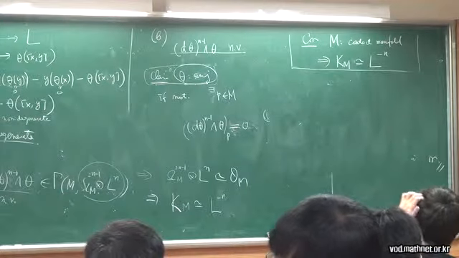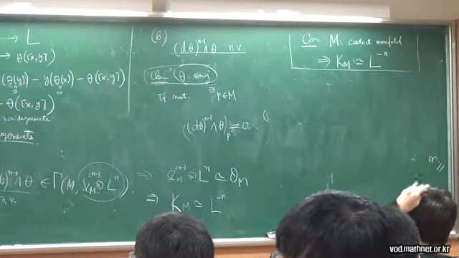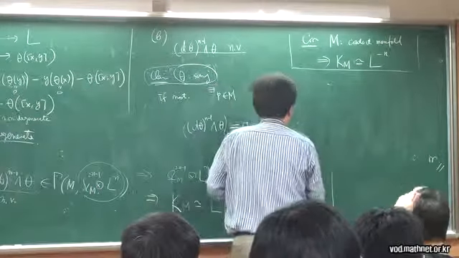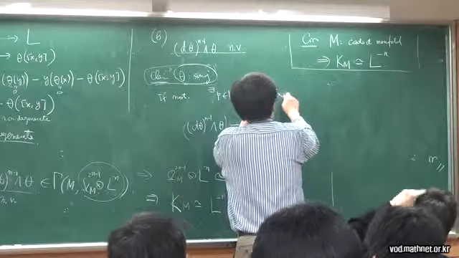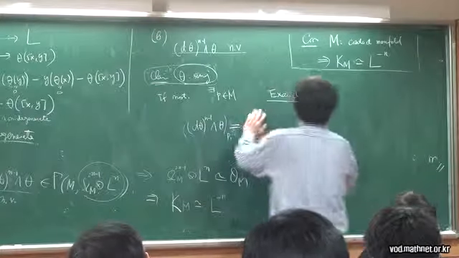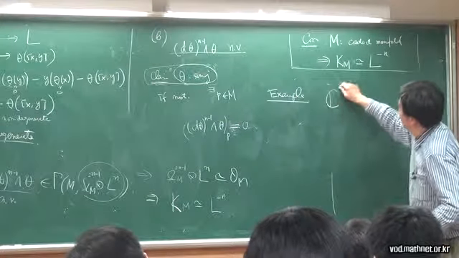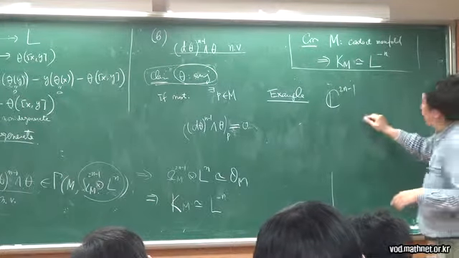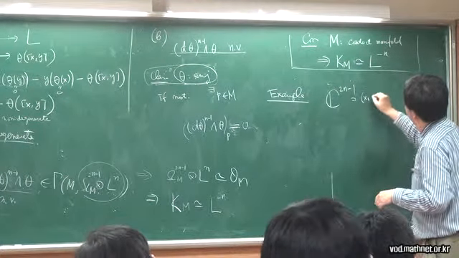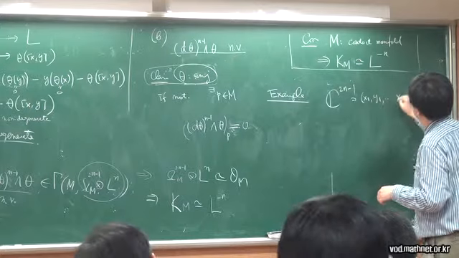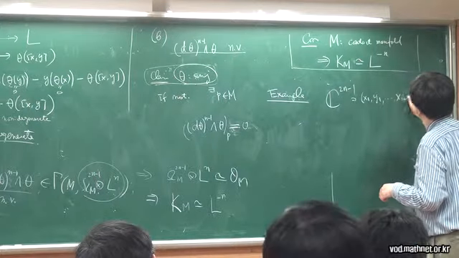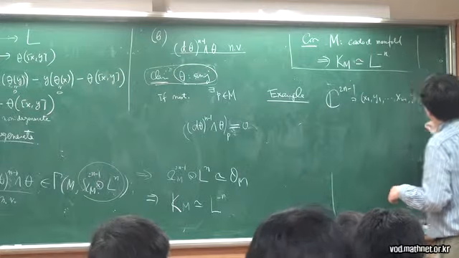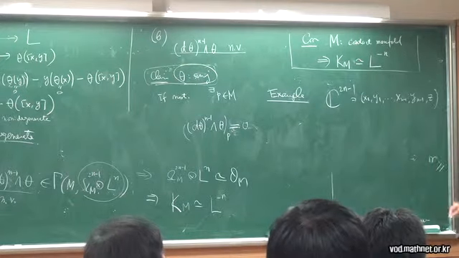Let us give some example of contact structure. This is a fairly easy example. If you start with C^(2n-1), the odd-dimensional space, take its local coordinates x1 through x(n-1), y1 through y(n-1), and z.